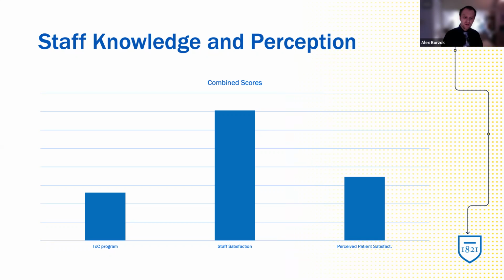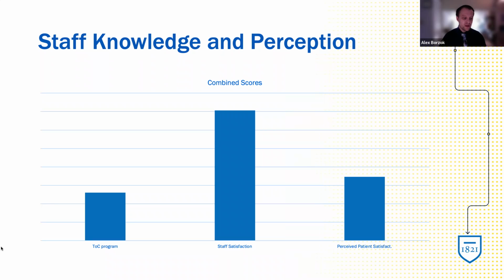There was very low knowledge of the transitions of care program, what it is, what it was meant to do, what the purpose of the program was. So that tied into the goals of the Kirkpatrick model, what we needed to focus on for outcomes when we utilized that model to evaluate the type of education we were going to implement.